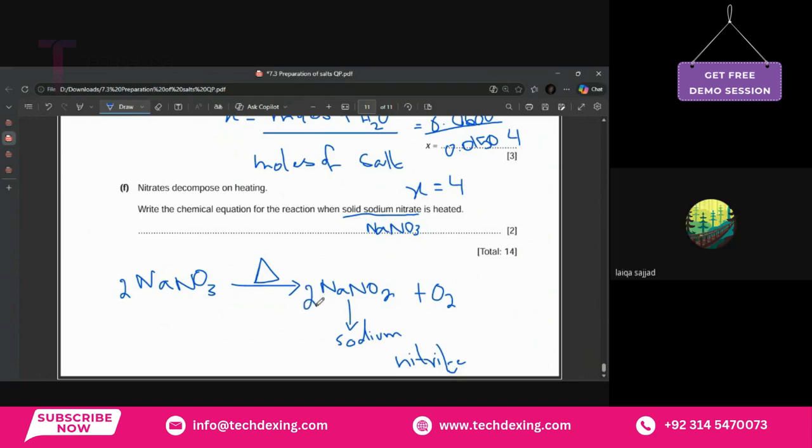And what about the state symbols? Solid, solid and gas. Very good. Which type of reaction is this? Thermal decomposition. Very good, excellent. This is a thermal decomposition.